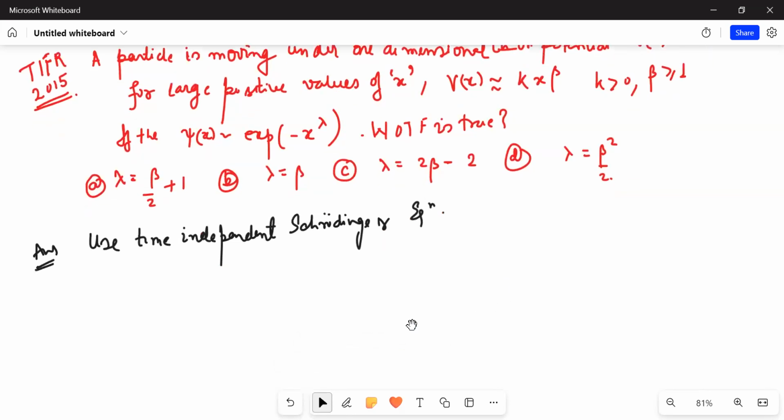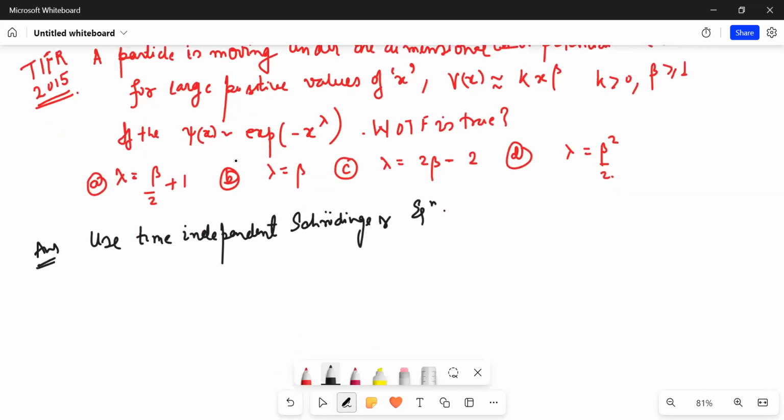Basically we can multiply some a also and do the analysis, but I'll assume that a is not required, because on both sides we can cancel that a. So I'll use this particular thing only, exponential minus x raised to power λ.